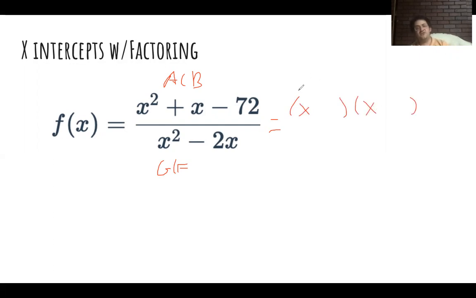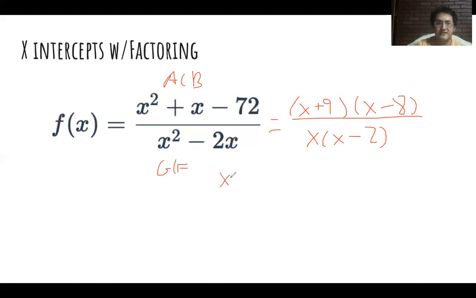And I want two numbers that multiply to negative 72 and add to 1. So maybe I would have plus 9 and minus 8. And then I'm going to pull out an x on the bottom. So that's going to be x times x minus 2.